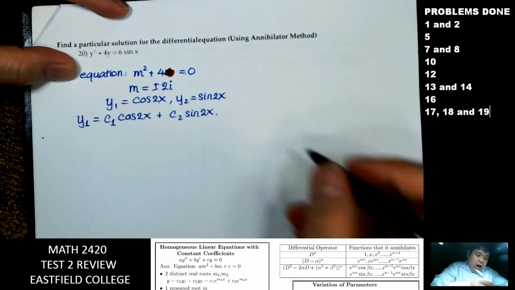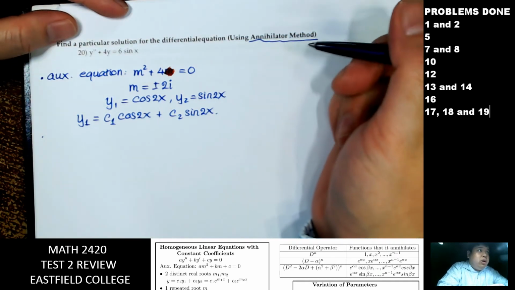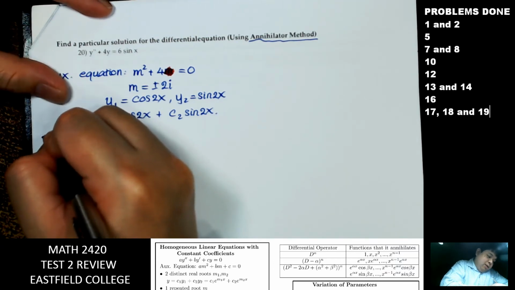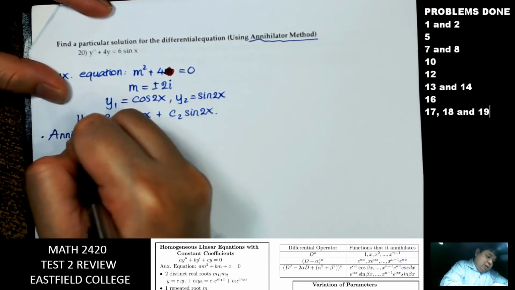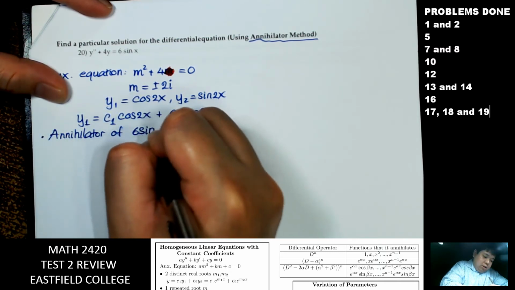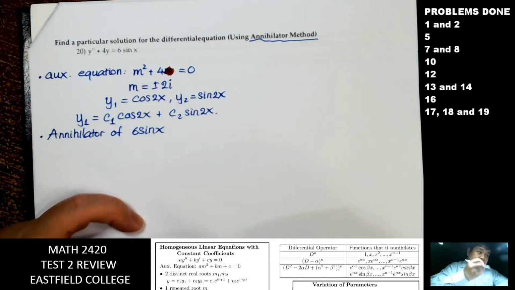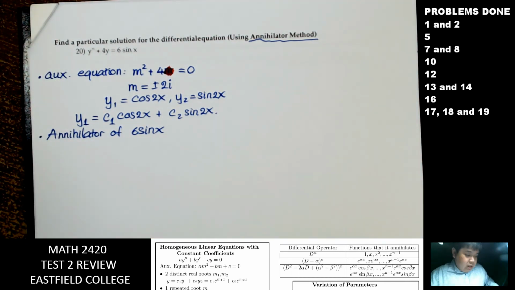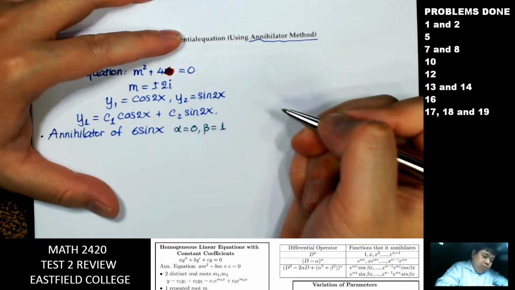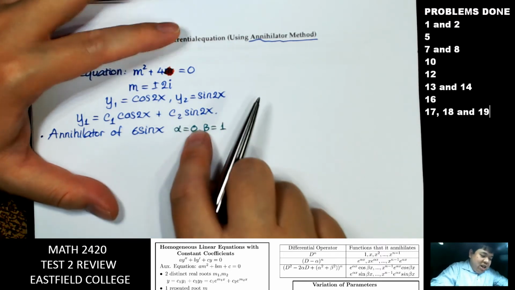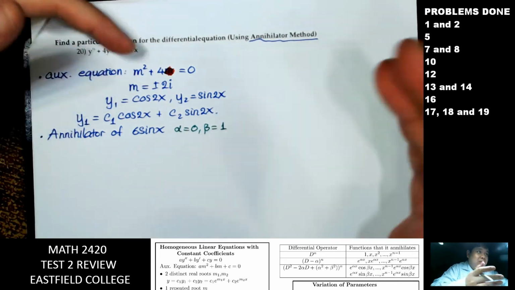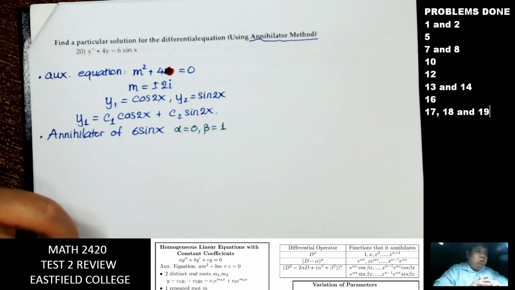Now we use the annihilator approach. We have to find the annihilator of 6 sine x. So like what we did earlier, alpha is 0, beta is 1. By the way, in this case, we don't have to look back and see what is y1, what is y2 to see if there's any redundancy. We don't have to worry about the redundancy here.